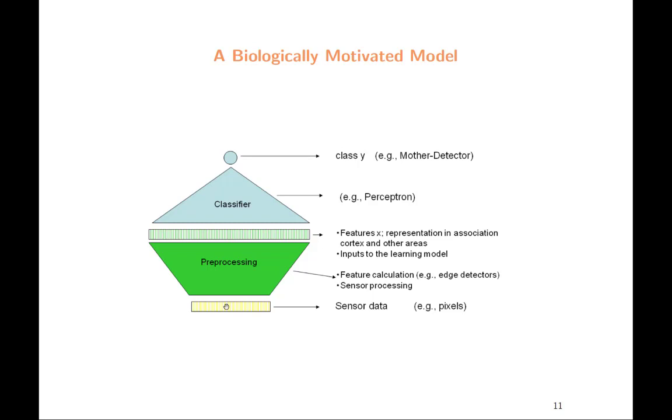For example, we might detect edges in the image. Then we have typically a very high-dimensional feature space. So this might be some layers in your cortex. And then we have a classifier, so everything converges to one output. For example, before we had the example 5 or not 5, and it might be mother or not mother.